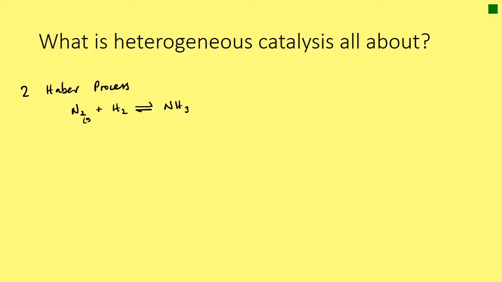And of course all of these are in the gaseous phase, whereas our catalyst, which is an iron catalyst, is in the solid phase. And so the fact that we have a solid iron catalyst with gaseous reactants makes that heterogeneous catalysis. So that's number 2 example, and number 3 example is with catalytic converters.